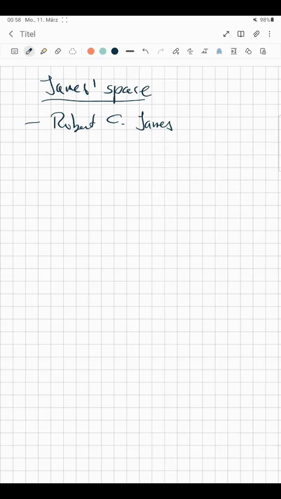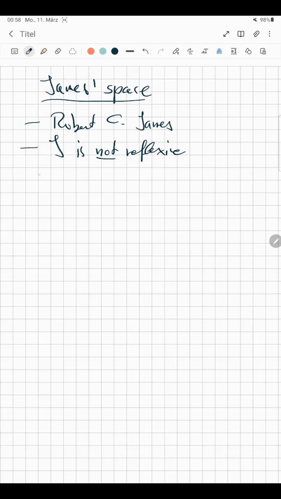And so what property does this space have, which makes it so interesting? Well, James space, J, is not reflexive, which isn't that interesting.